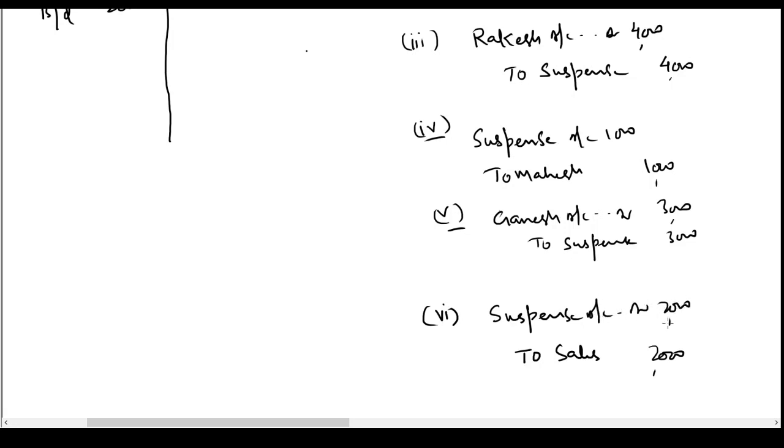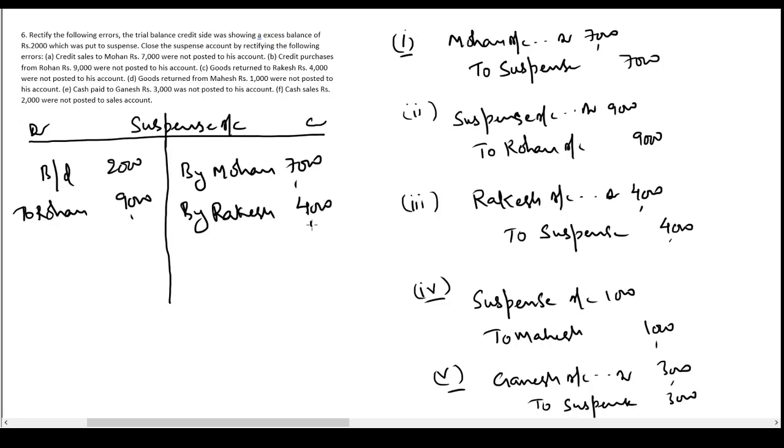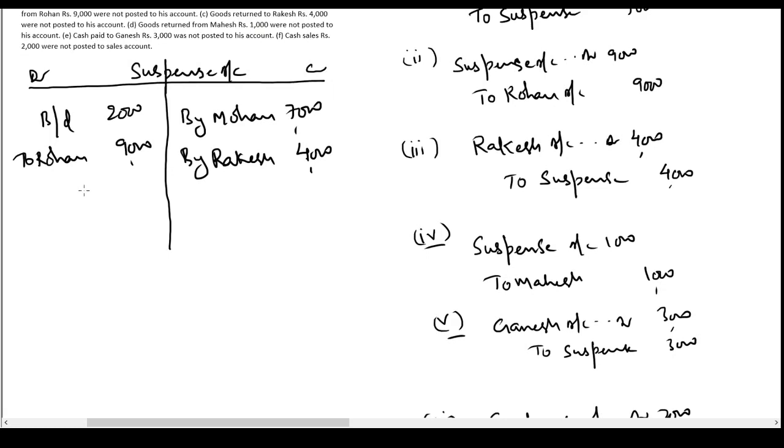Now I'll post all these rectification entries in the suspense account, and suspense account should balance. That means both the sides should become equal after the posting of these entries. So the posting of the first entry is by Mohan 7000. Suspense to Rohan, so in suspense account I'll write to Rohan 9000. Rakesh to suspense, by Rakesh 4000. Suspense to Mahesh 1000.